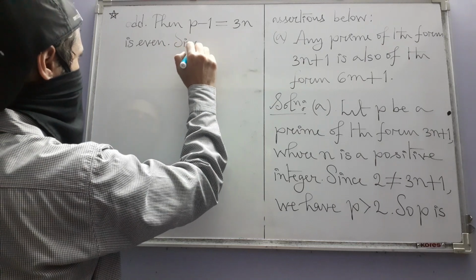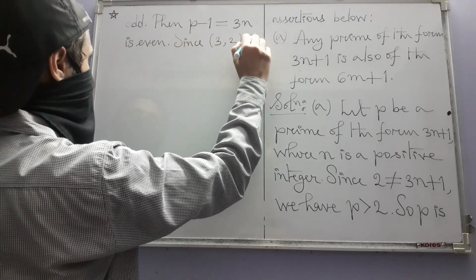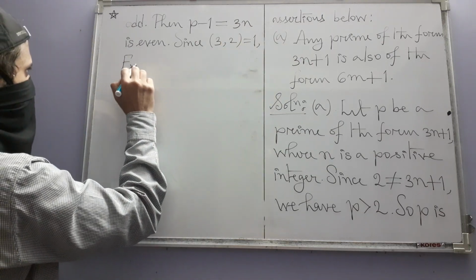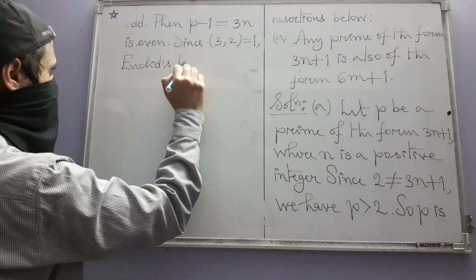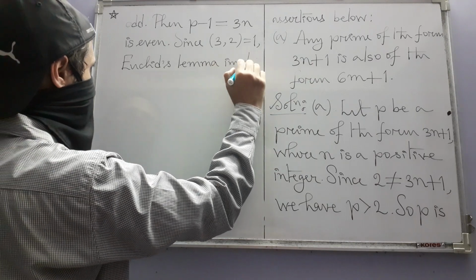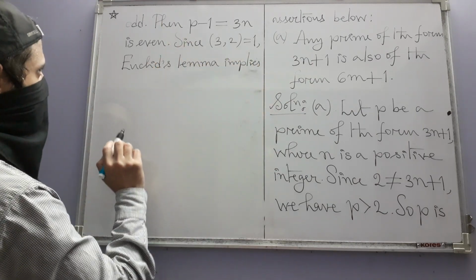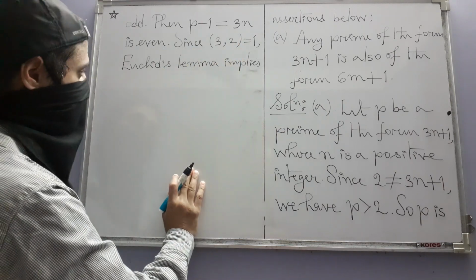Since the GCD of 3 and 2 is 1, Euclid's lemma implies that n has to be even, because 3 does not contribute anything to the evenness of 3n.